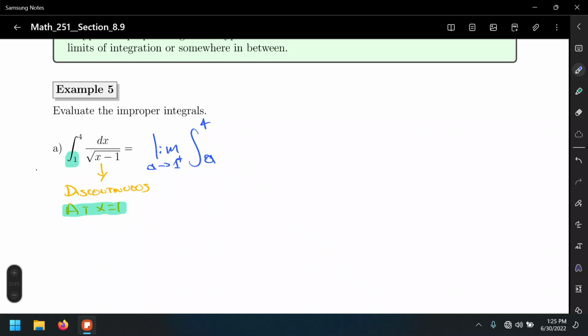Can we approach a radical function from the left? Why? There's no graph, right? If you consider the radical function, it looks sort of like this. You can only approach from the right, but there's nothing coming from the left. So in this case, it's important to specify that 1 from the right. Okay, so that's the square root of x minus 1.